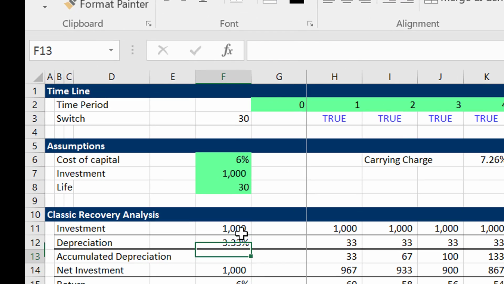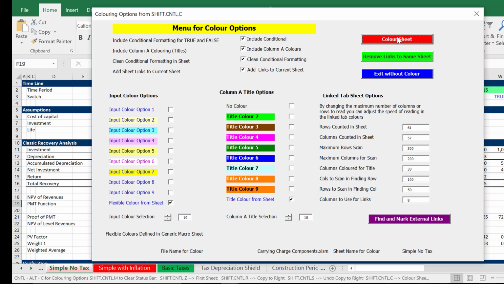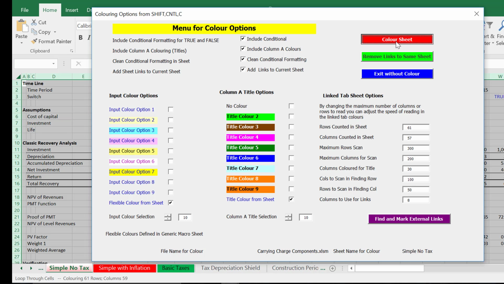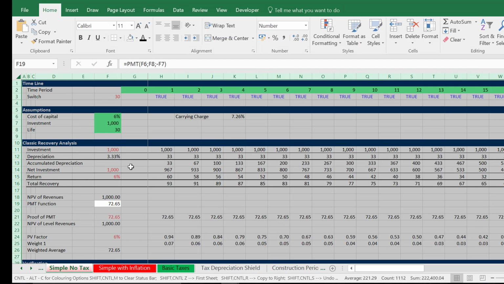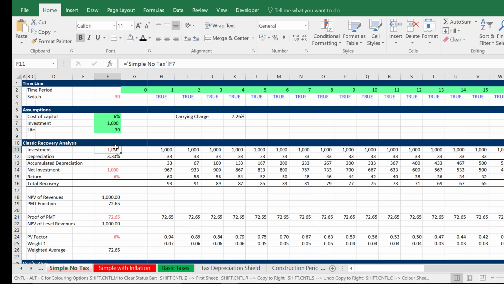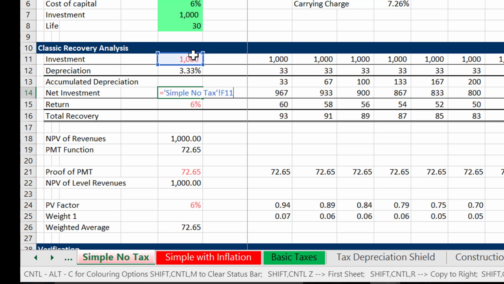It puts the same sheet name in anything that just has a direct link. If there's any type of formula whatsoever, it doesn't include it, but only if there's a direct link. Once you put the direct link in and you color the sheet again, you have to do it twice at least, then when it's just a simple direct link to another input, you can see that it has a color.